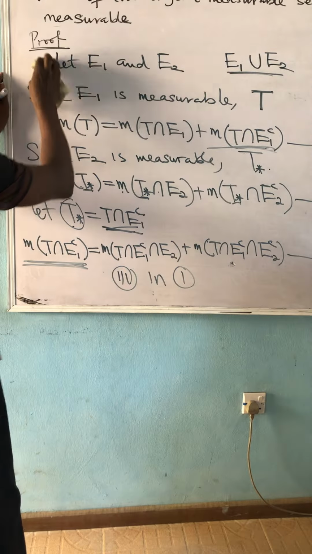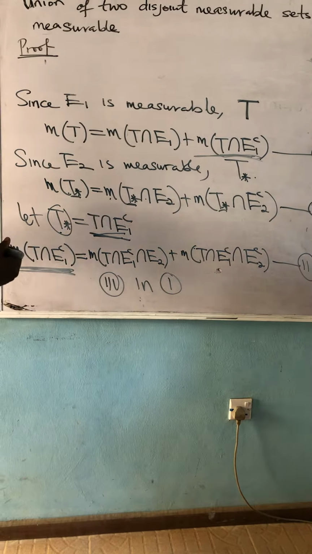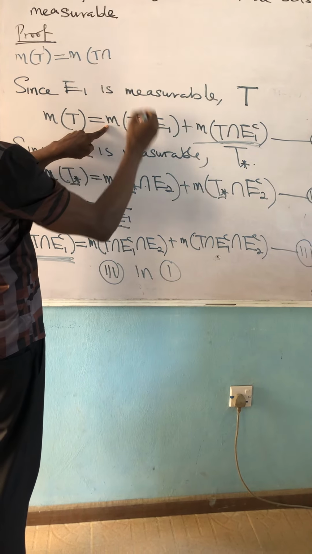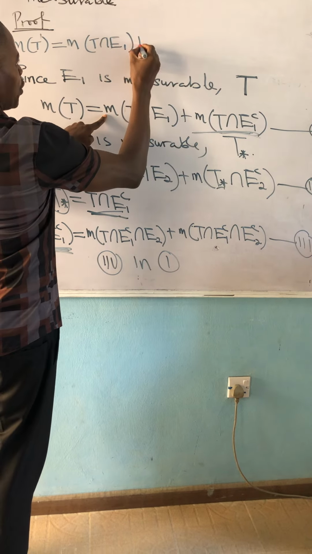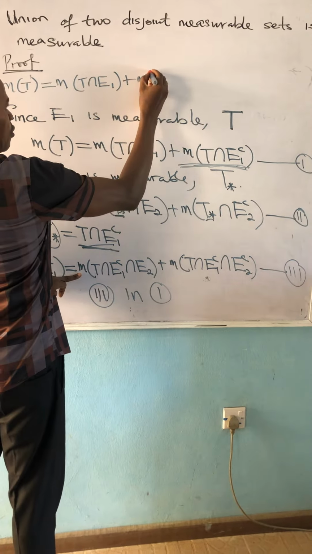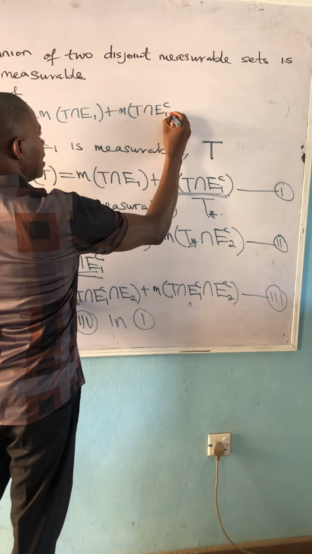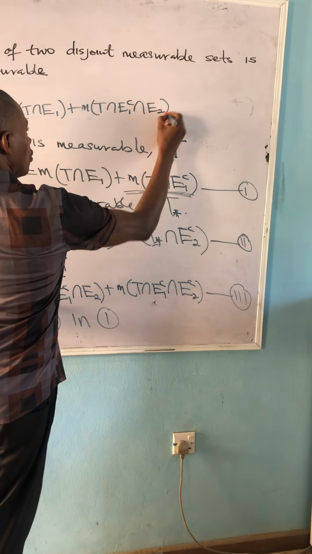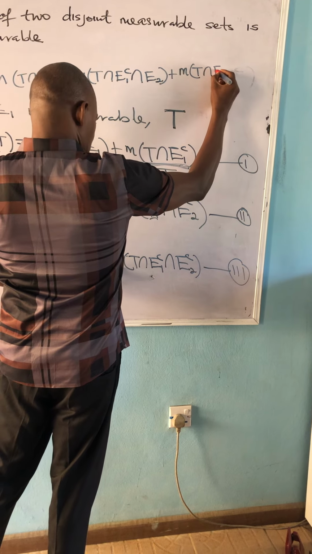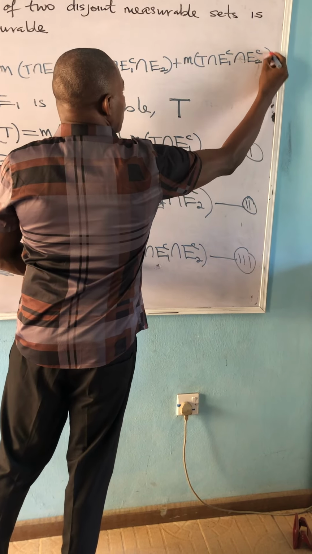So now I have, one is: the measure of T equals the measure of T intersection E1 plus, instead of this, I'll write the whole of this, the measure of T intersection E1 complement intersection E2 plus the measure of T intersection E1 complement intersection E2 complement.